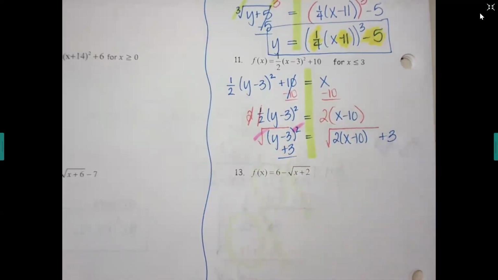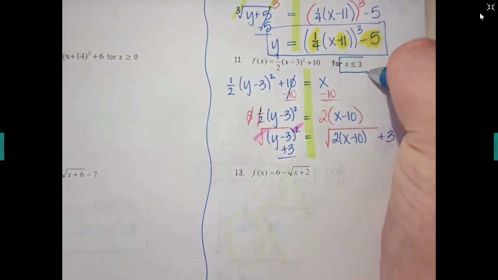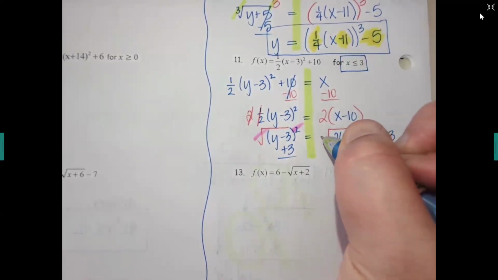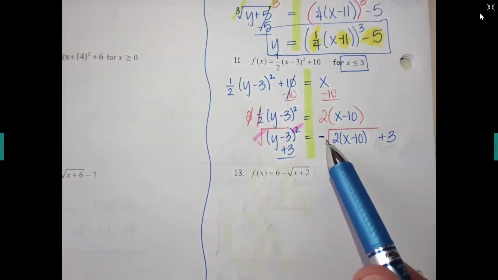Now for this part of the notes, I'm sure you probably forgot it. It's okay, but I'm going to remind you. If you have a less than, your square root should come out negative. Remember that when you square root, it's a plus or minus that goes in front. If it's a less than, you put a negative in front.